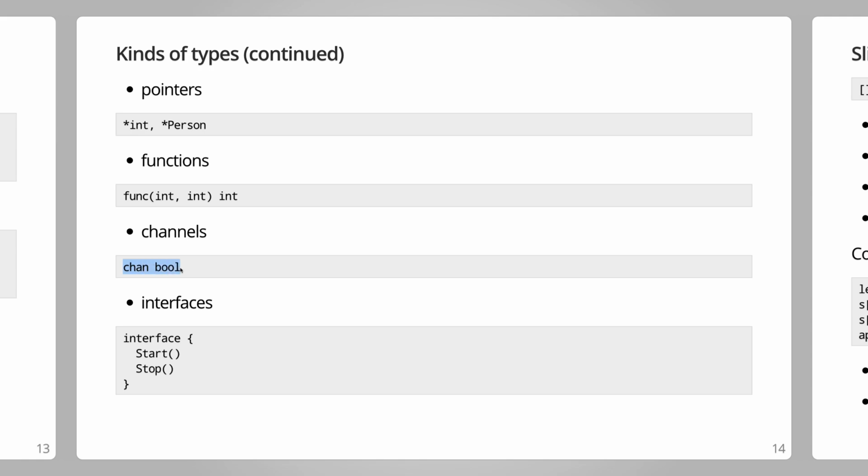We have a notion of channels, which is something that's sort of unique to Go. It's a construct that allows you to coordinate activities between what we call Go routines, and that's related to concurrency or parallel execution, and we'll talk more about channels in that lecture about concurrency.